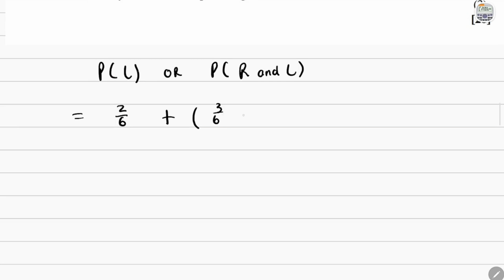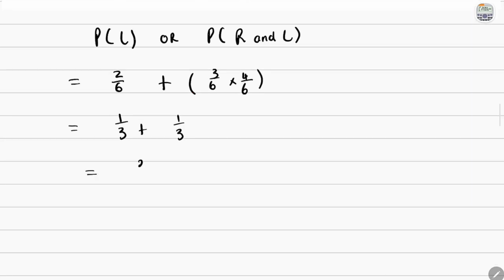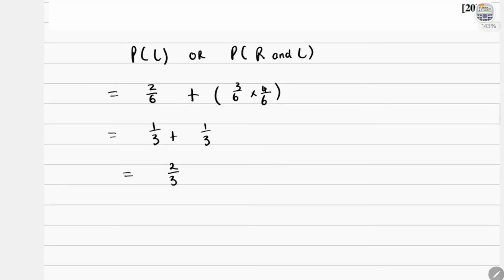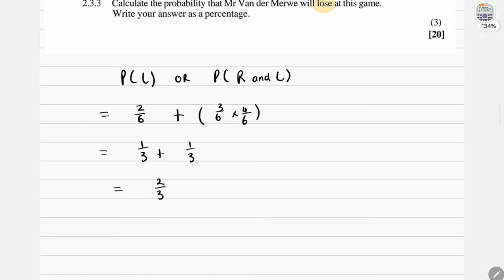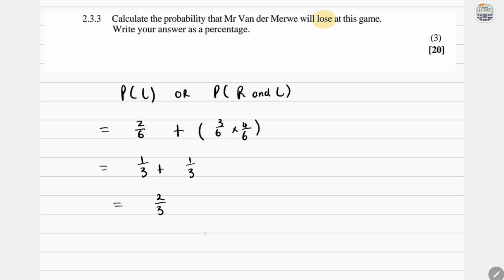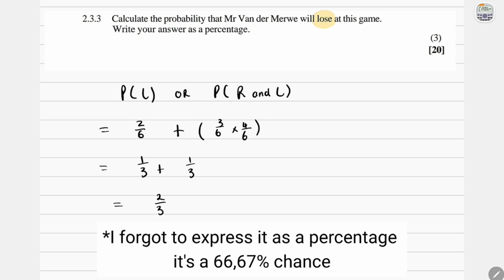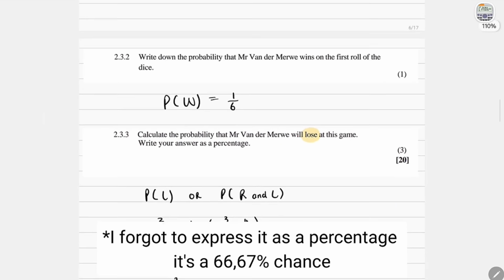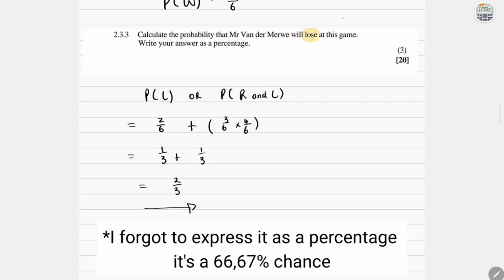So 3/6 times 4/6, and then that is just, I can simplify that to 1/3. We know that simplified to 1/3. So this is a 2 out of 3 chance of losing in total. He has about 66.67% chance of losing. Okay, and that is our answer. And there we go. Okay, so that is it for question 2.